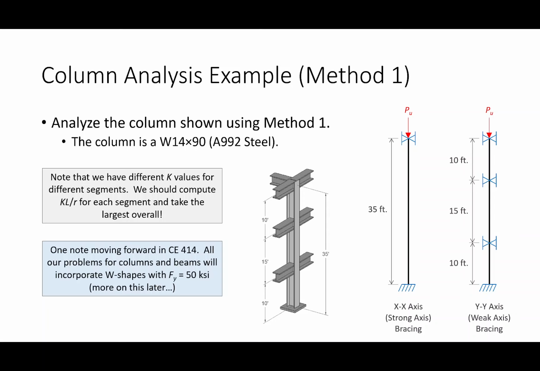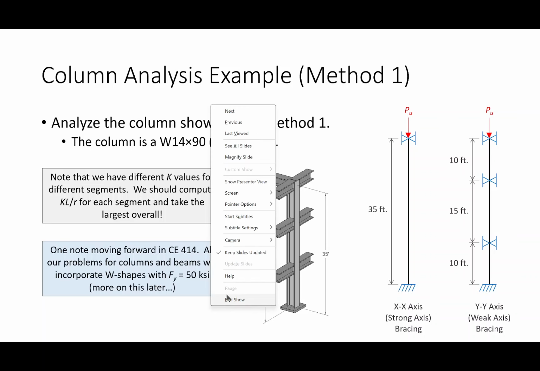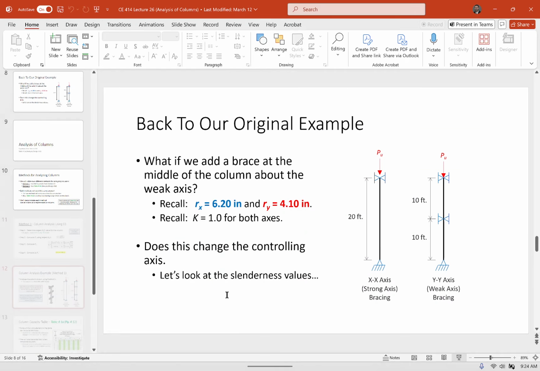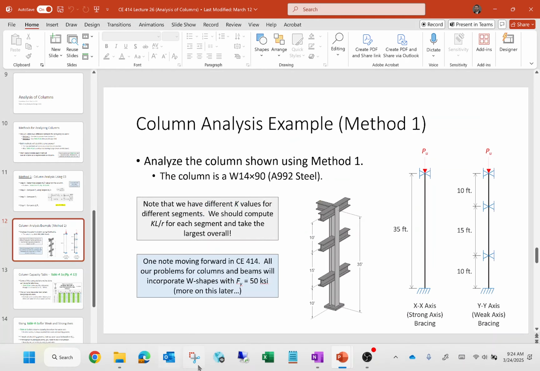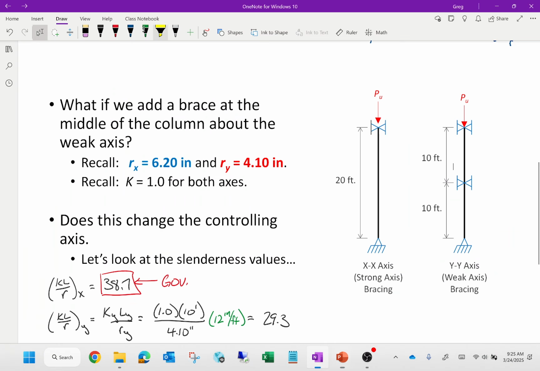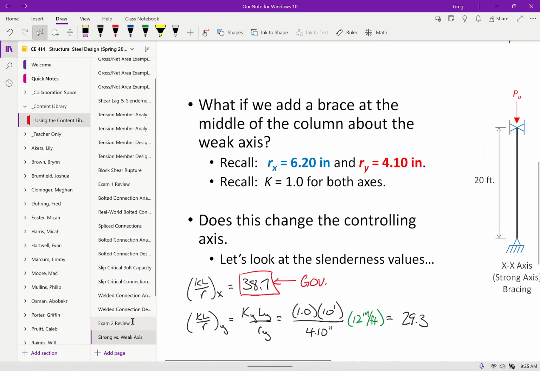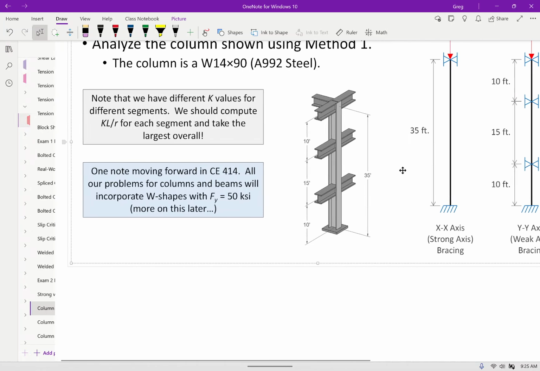What I'll tell you is that W shapes with Fy equals 50 ksi are pretty much what we're going to be doing from here on out. Okay, so columns and beams are W shapes with Fy of 50. There might be a couple of deviations from that, but unless otherwise stated, I think you can pretty much assume that. So let's go through and calculate the capacity of this column.